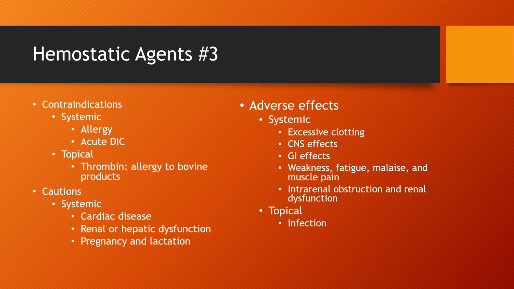Topical, for thrombin specifically, any allergy to bovine products. Caution, systemically, cardiac disease, renal or hepatic dysfunction, pregnancy, and lactation. Adverse effects that we can see with systemic hemostatic agents are excessive clotting, central nervous system effects, GI effects, weakness, fatigue, malaise, and muscle pain, intrarenal obstruction, and renal dysfunction.